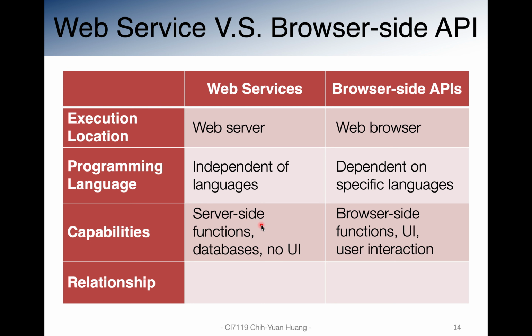So those functionalities are more suitable to be executed on the web server. And databases as well. Besides the processing, storing a large amount of data, big data, is also an issue for the end devices. So databases are also one of the important capabilities of the web service API.